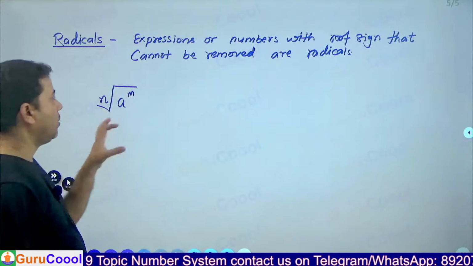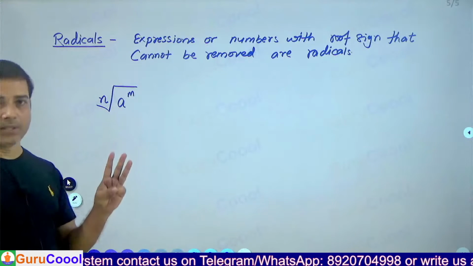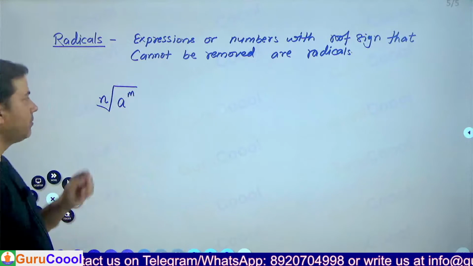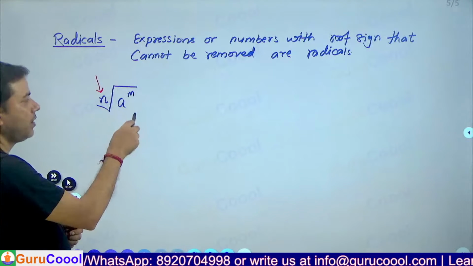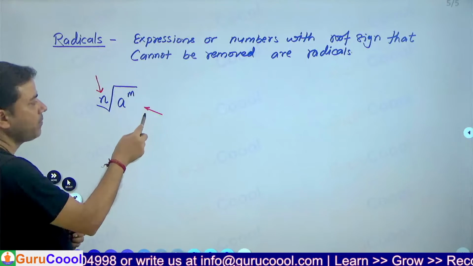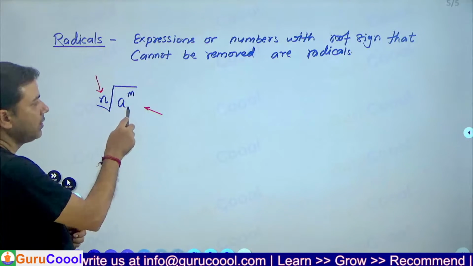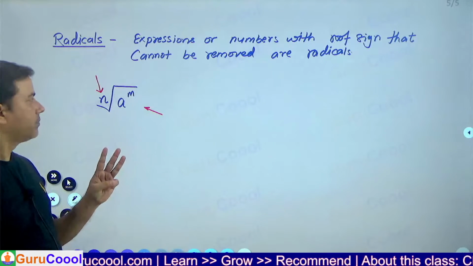Notice how many numbers are involved in a radical. 3 numbers. One number here in the V shape, and the rest of the 2 numbers are here inside the root sign, one in the base, another in the power. Total 3 numbers.